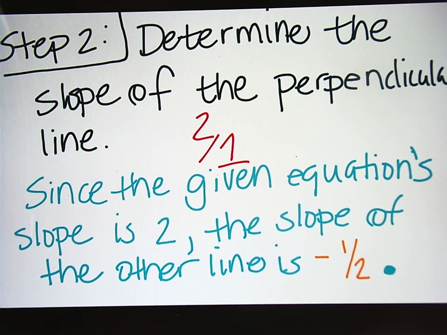In order to get the slope of the new line, we simply flip 2 over 1, which becomes 1 over 2. Since 2 over 1 is positive, this 1 over 2 now becomes negative. So the slope of the other line is negative 1/2.